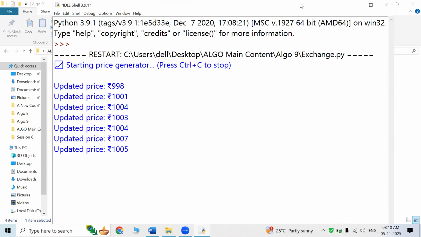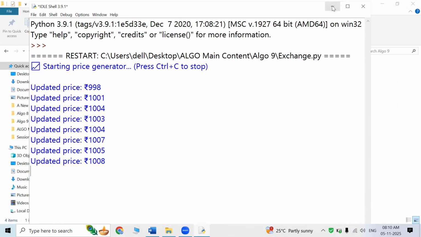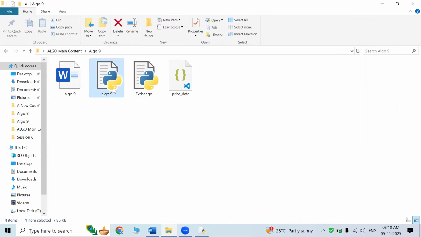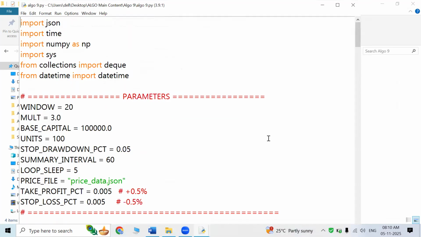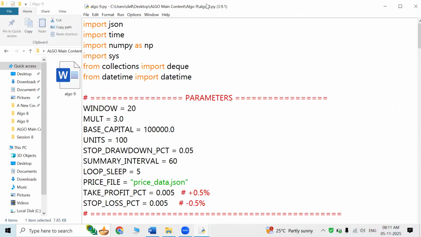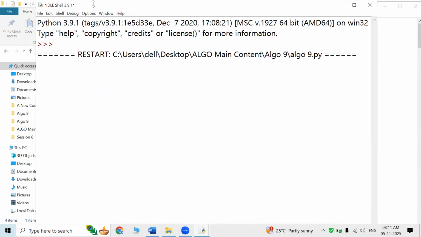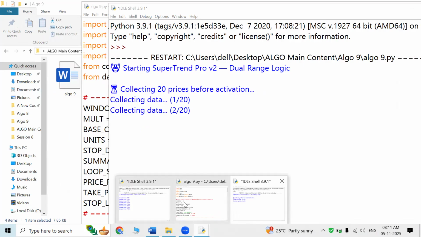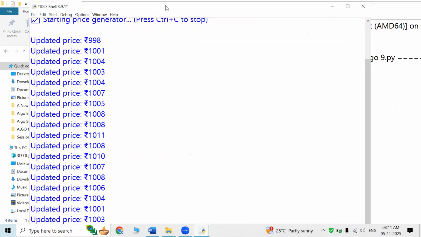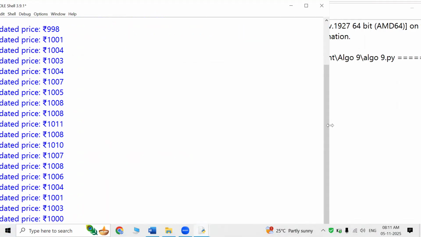Okay. Now next is the algo. So the algo is this part, the logic which I told you. Now let me run this also. Let's keep both the windows together so that we can understand how it's collecting the price.